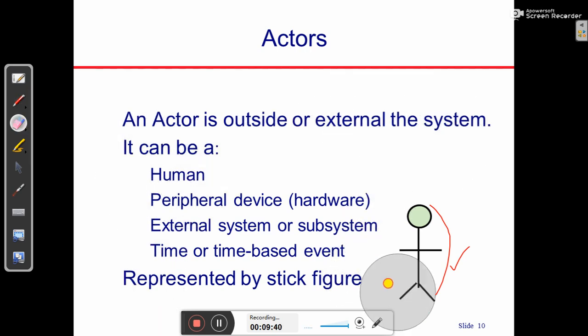Those might be actors to any scenario or any system in information system design and analysis. An actor is always outside the system.